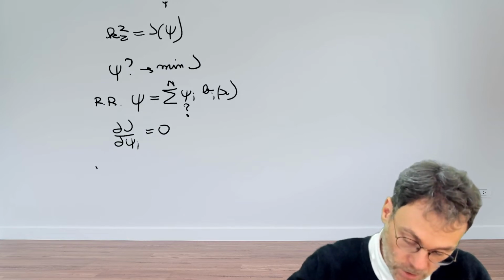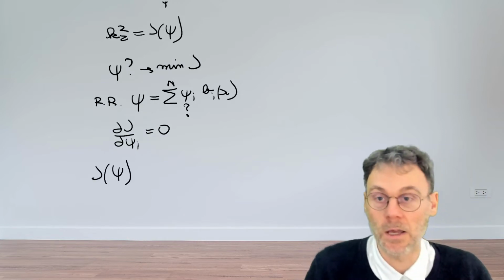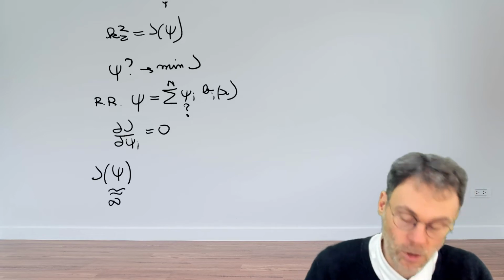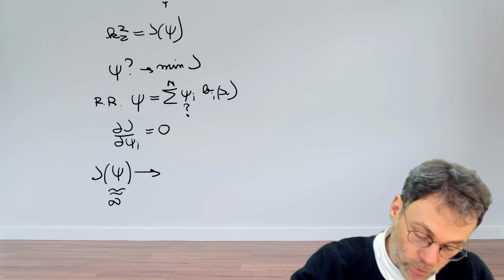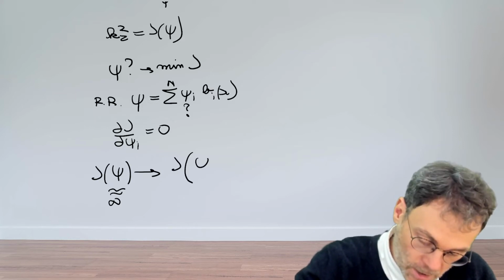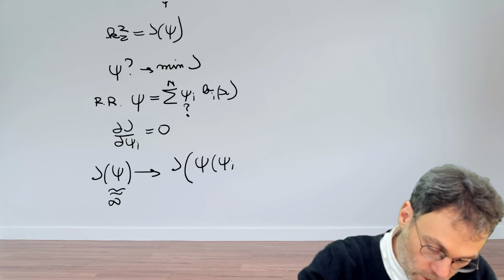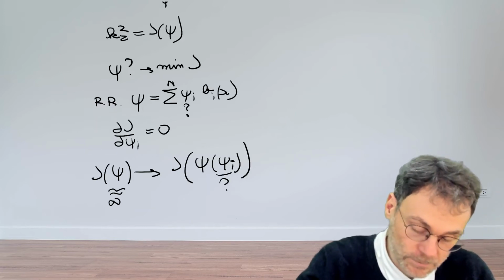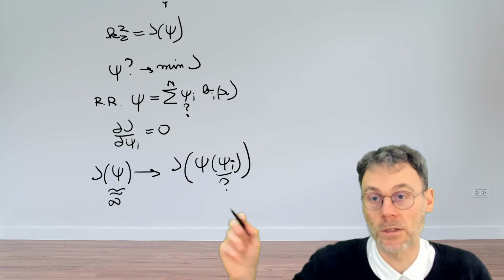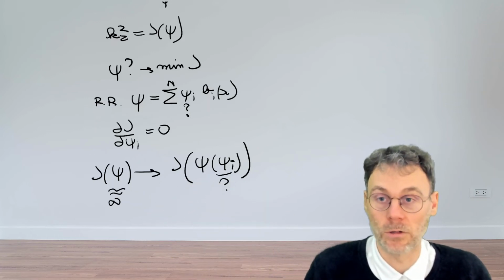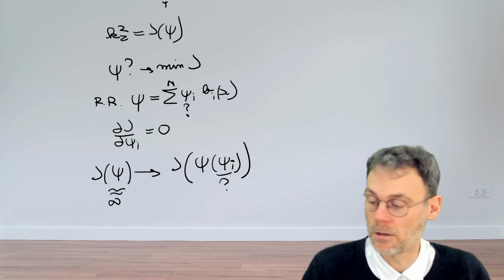So when you write down something like this, it's still a functional because this here is an infinite dimensional object. But once you apply Rayleigh-Ritz and you're calculating the energy, which then depends only on this finite number of unknown coefficients psi i, then you no longer are working with a functional, but with a regular, boring multivariate function. But that's just a small technical detail.